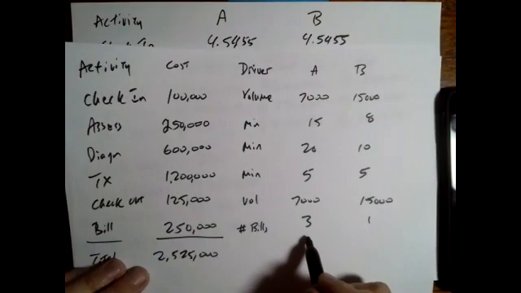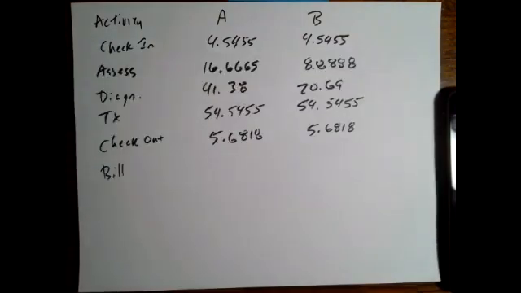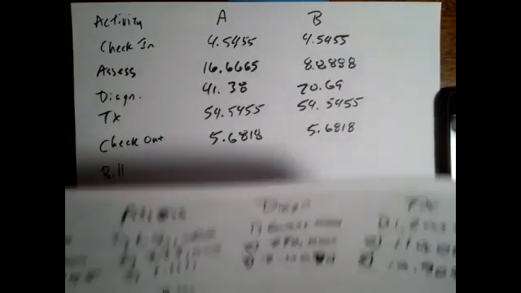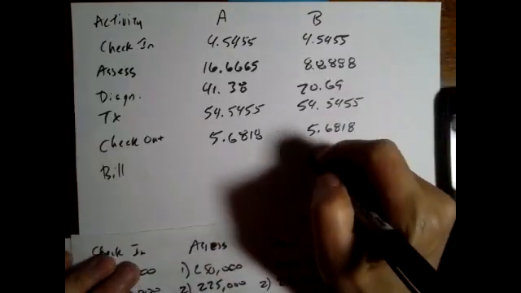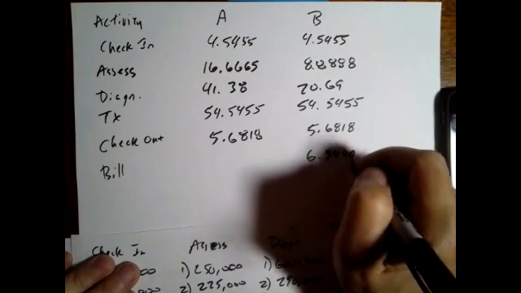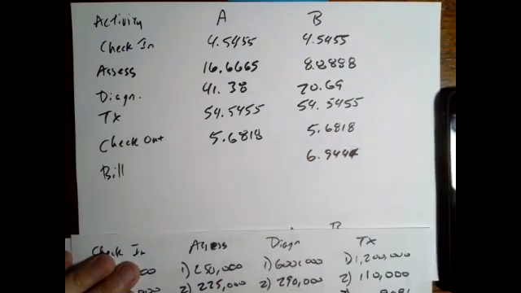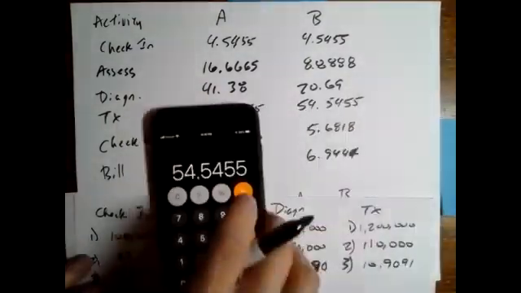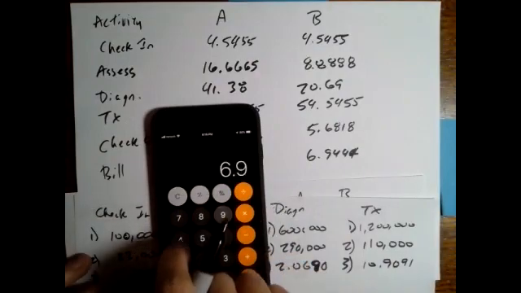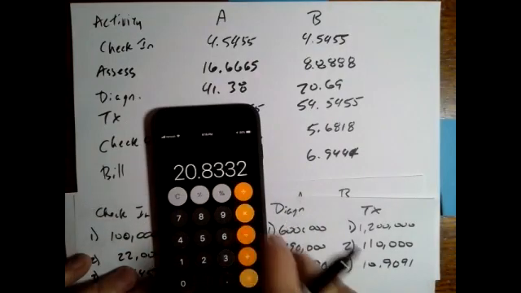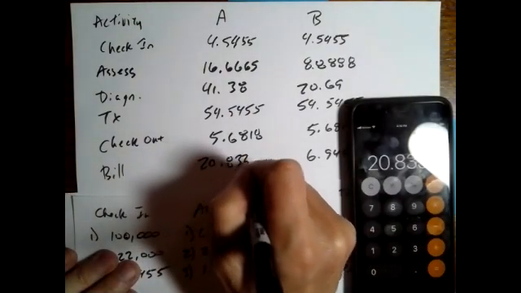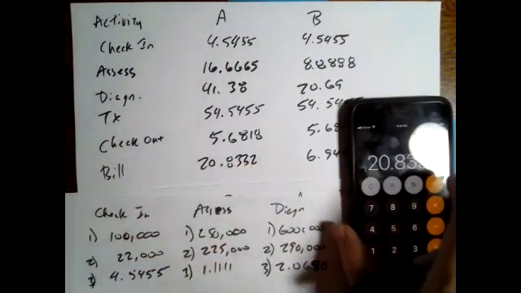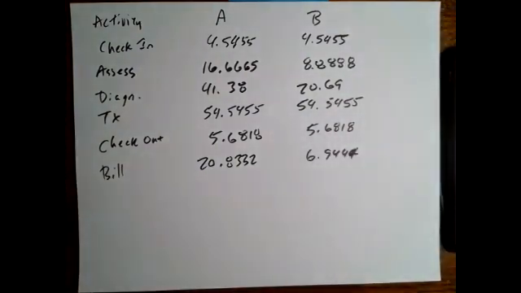We said A gets 3 bills, B gets 1 bill. And we calculated that bills are 6.9444. So B gets 6.9444, and A gets 3 times 6.9444, which is 20.8332.